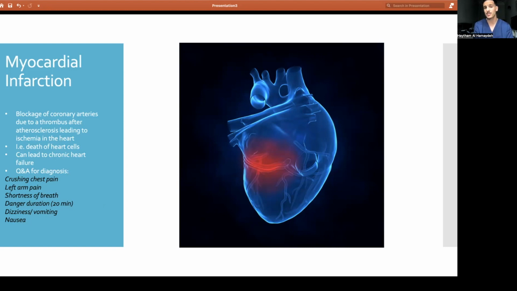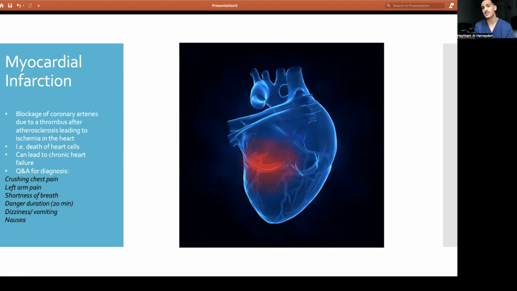And so part of the heart would not receive blood, and hence cells start dying. And so a part of the muscle of the heart would also go into like a death state. It can lead to a chronic heart failure.